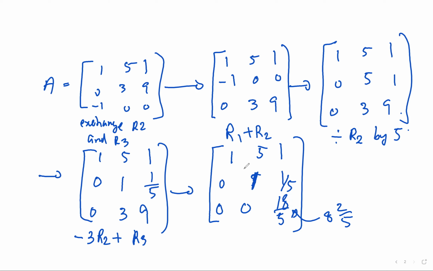We need to conclude by writing a statement, something to tell the reader or whoever is grading your midterm, final exam or assignment that the rank of this matrix is 3.